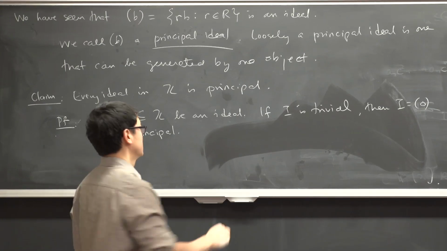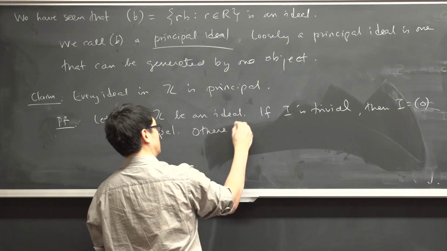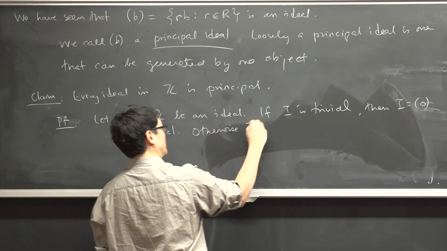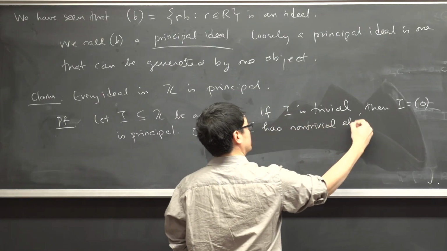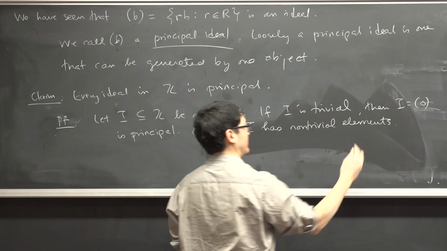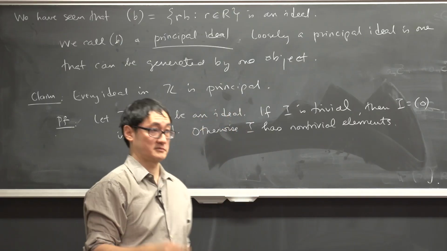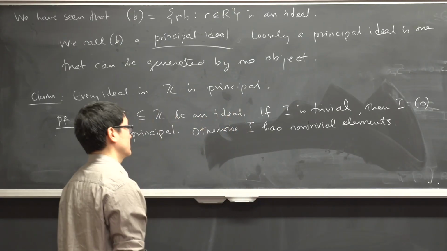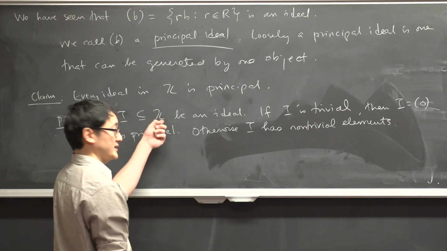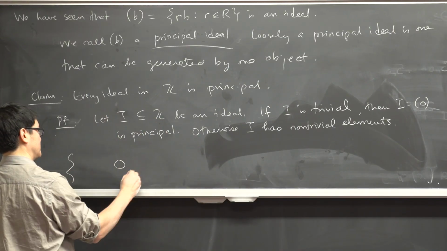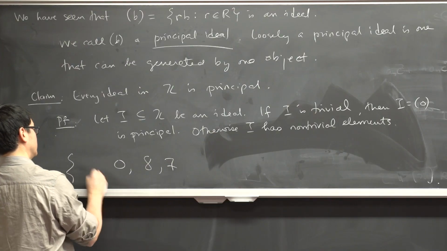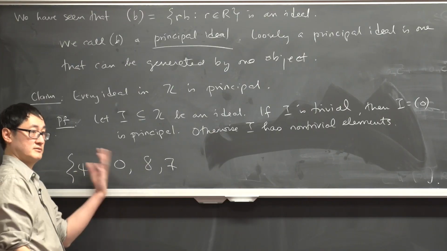Otherwise, I has non-trivial, non-zero elements. Make sense? Okay. Now, because we're in the reals, I is a whole bunch of numbers, right? 0, 8, 7, 4, negative, blah, blah. Okay, here's I.